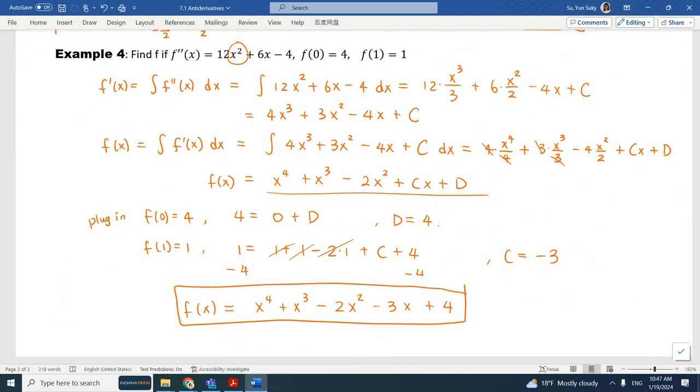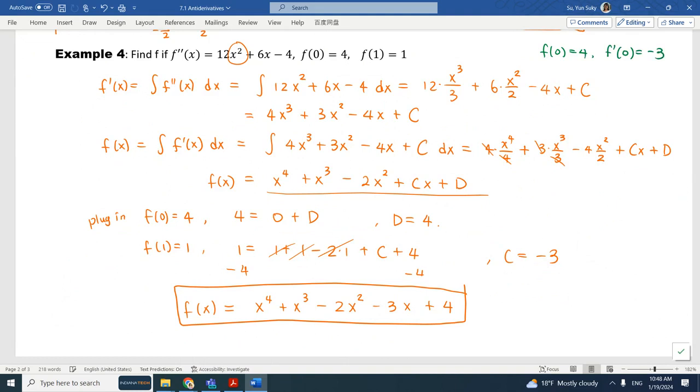That's a really, really good question. So here, you have f of 0 is 4, and f of 1 is 1. So both of the conditions are about f. That's why you have to get to the f, then you plug in the f. But sometimes maybe the problem gives you f of 0 is 4, f prime of 0 equals negative 3.